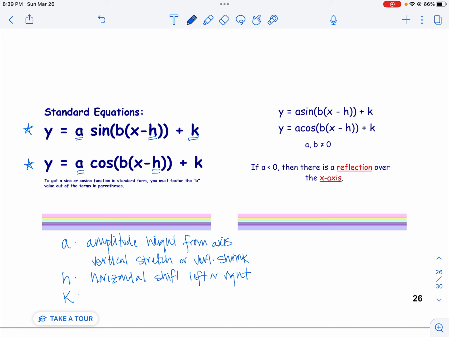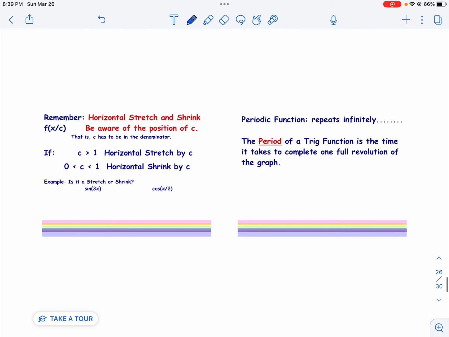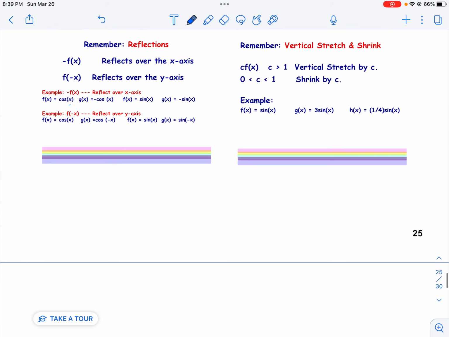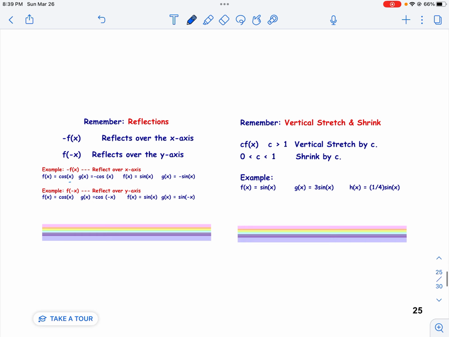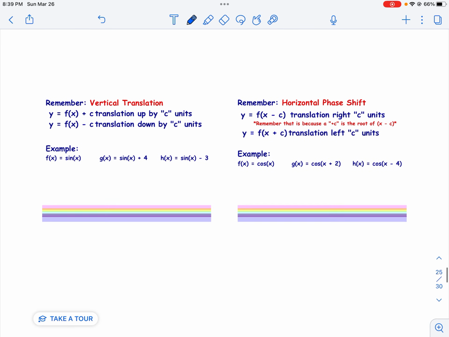And k, of course, is a vertical shift, up or down. All right, if you scroll back to page 25, you'll see a more detailed explanation of each of these things with some examples.